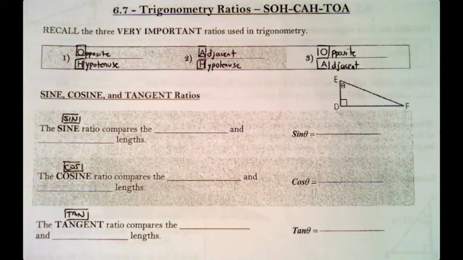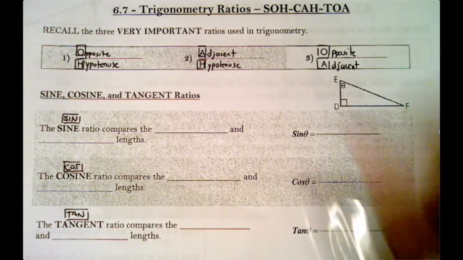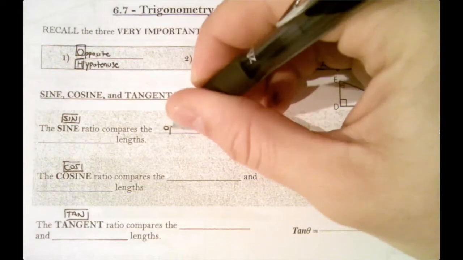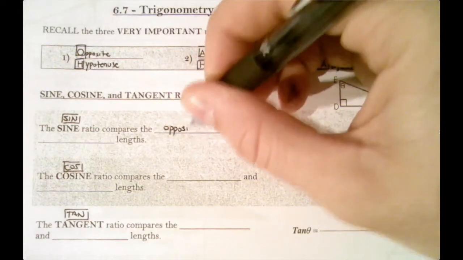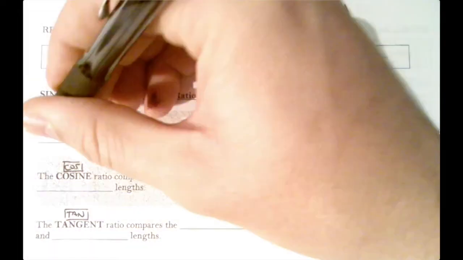So what's so important about sin, cos, and tan? Well, sine compares two sides. It compares the opposite side and the hypotenuse side.